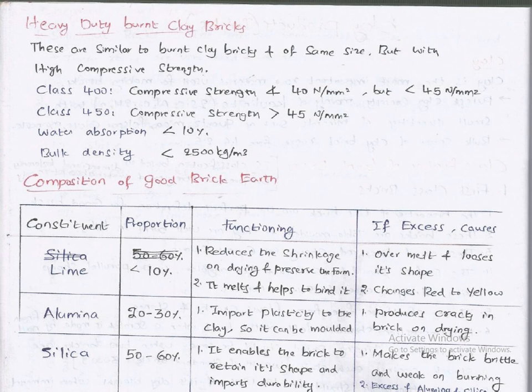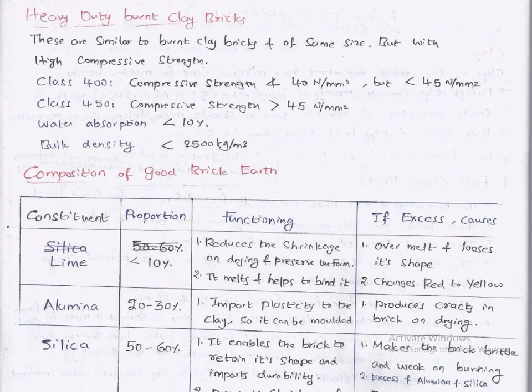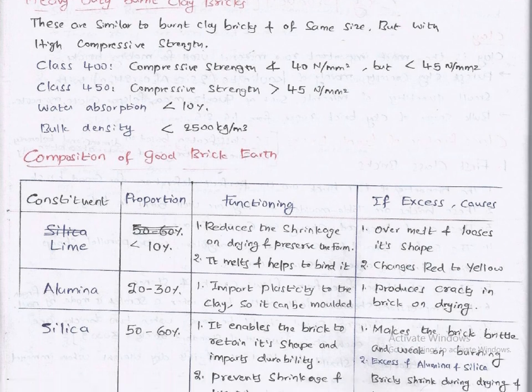Silica, 50 to 60% in brick. It enables the brick to retain its shape and imparts durability. In excess, it makes the brick brittle and weak in burning. Excess of alumina and silica causes brick shrinking during drying and warping during burning.